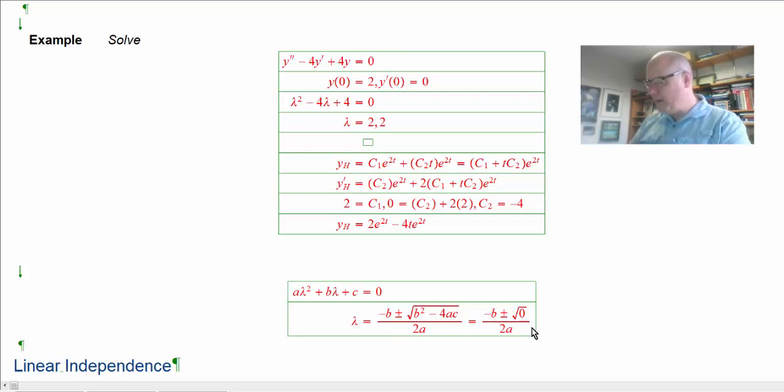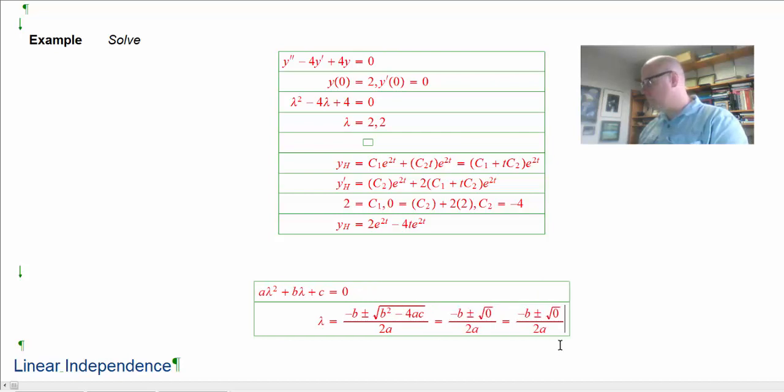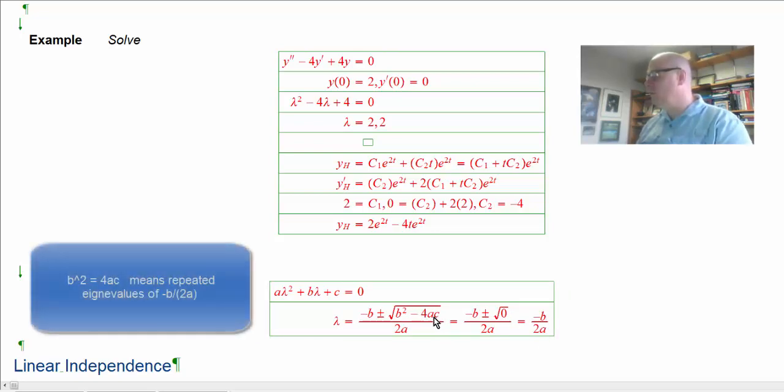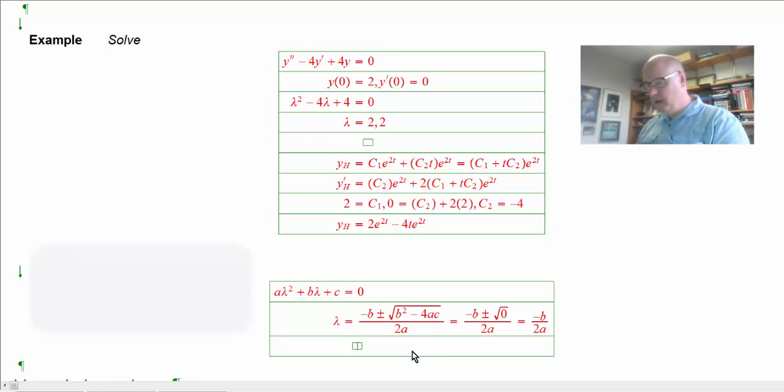So I get two eigenvalues, and they're both minus b over 2a. So the only time I'm going to get real and the same eigenvalues is when b squared is equal to 4ac.